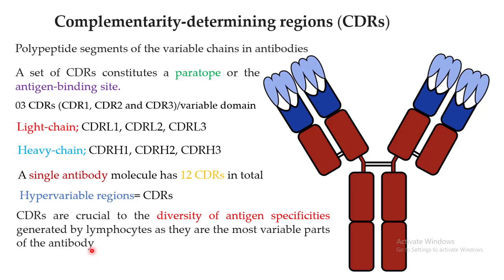Now, this variability is achieved by a particular phenomenon known as somatic recombination, and we are going to have a detailed discussion on how somatic recombination is important for the generation of the diversity of antigen specificities. So we are going to continue the discussion in the next video.